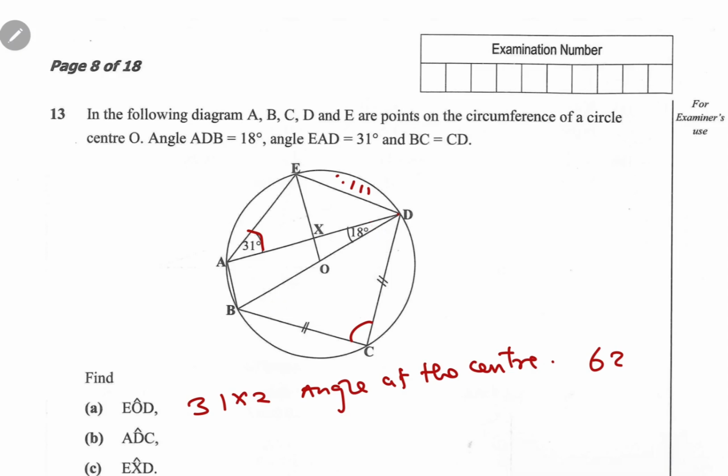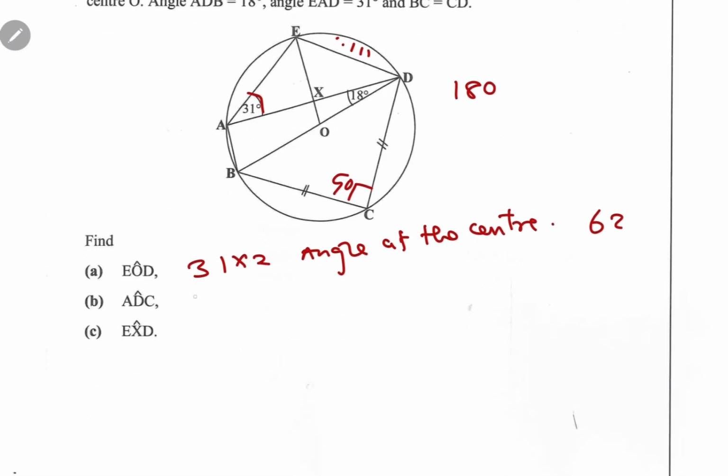This is passing through the center, and you know that angles in a semicircle are 90 degrees. So this angle is 90 degrees. So we are going to say 180 minus 90, divided by 2.